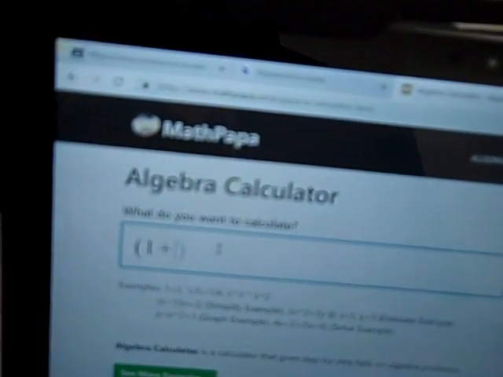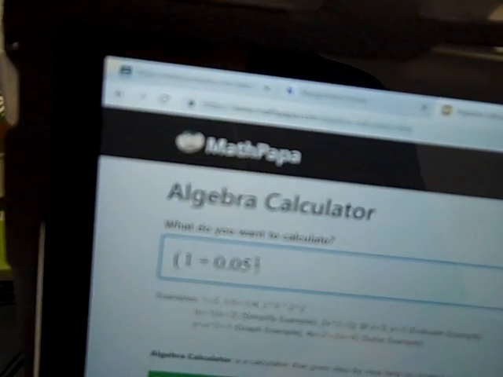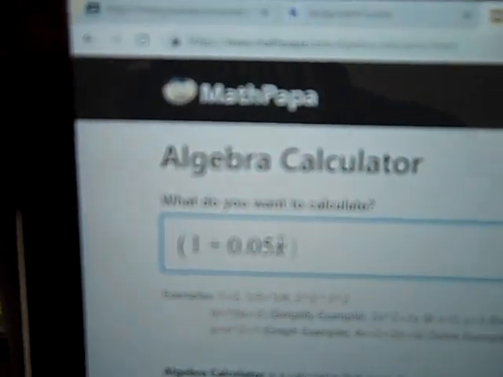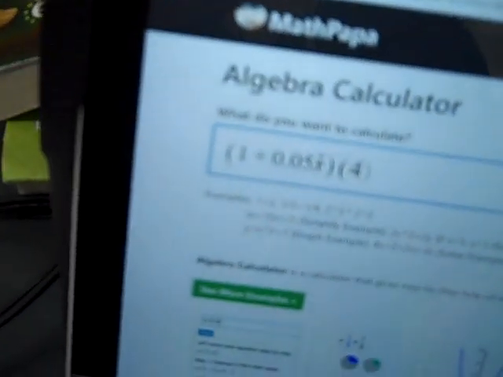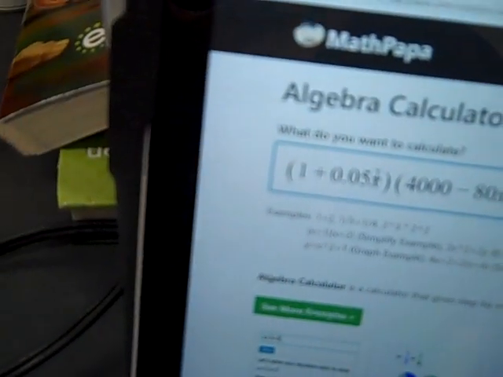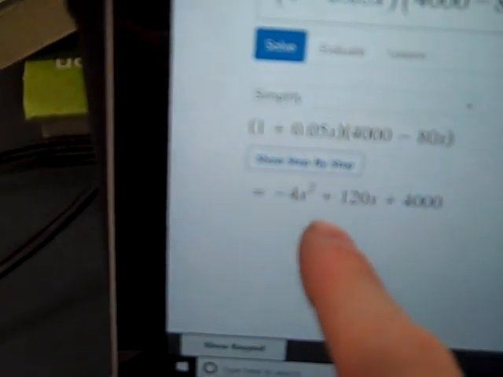So I have a parentheses and then a 1 plus 0.05x. You just put the letter x in, then close the parentheses. Now you don't need to do a times operation. You just open up a parentheses right next to it, and they'll know you want to times it. So 4,000, don't worry about the comma, minus, okay, 80x. Close the parentheses and hit calculate, and that's your trinomial.